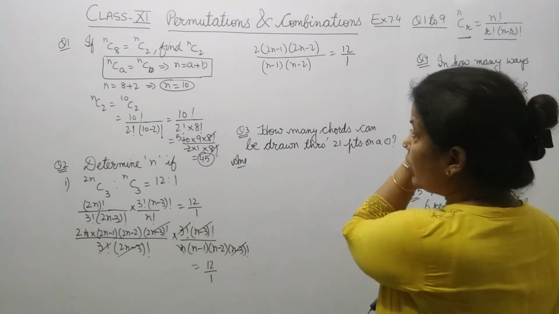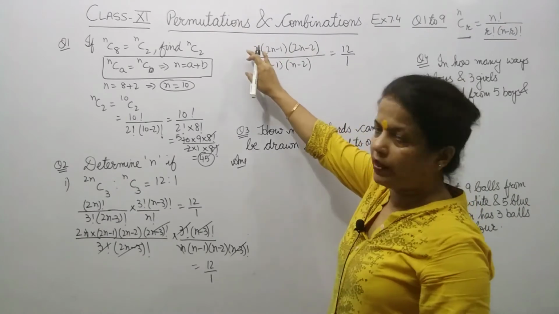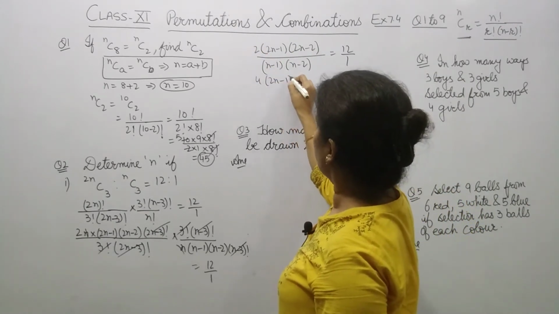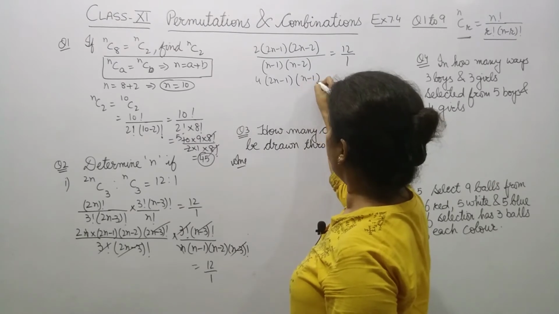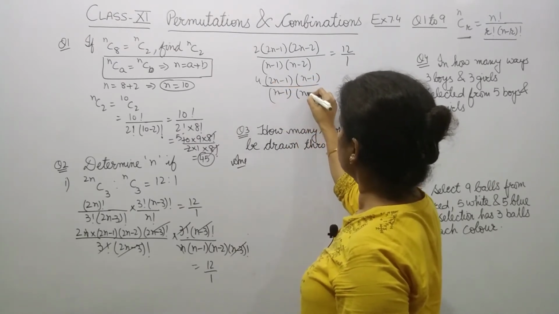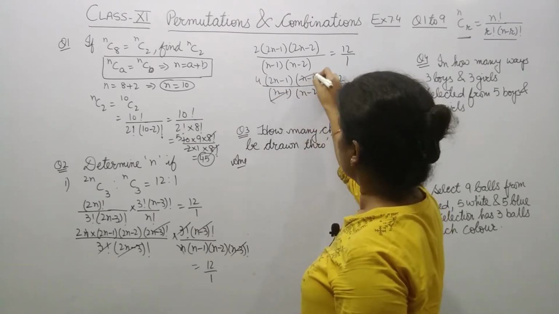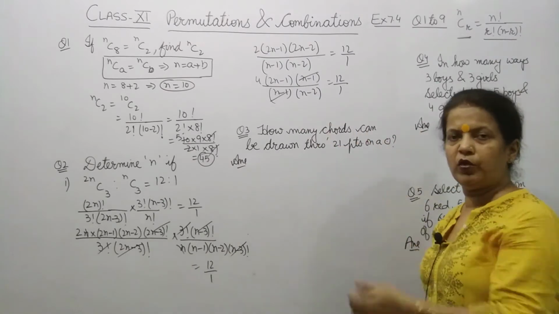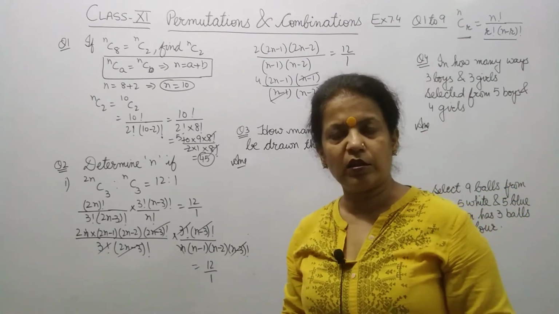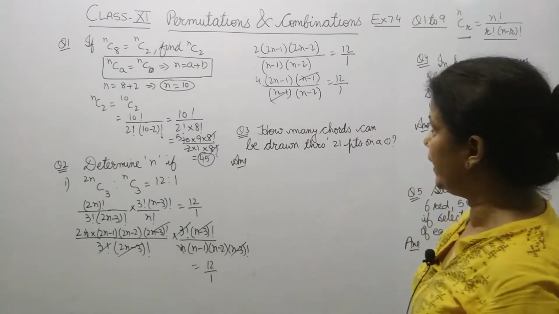We can solve this further by taking 2 common. So it will become 4, 2n minus 1, and n minus 1 in the denominator, equal to 12 by 1. This will also cancel. Now by doing the cross multiplication you will get the answer of n. You can solve it yourself to get the value of n.